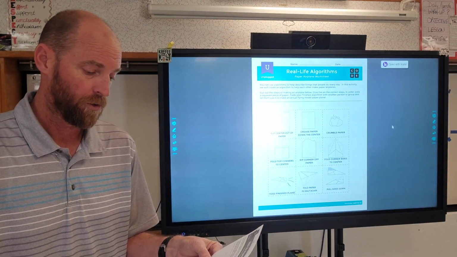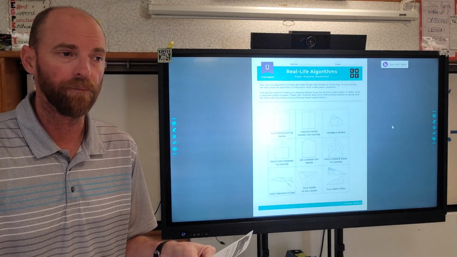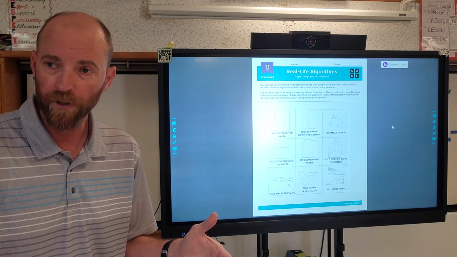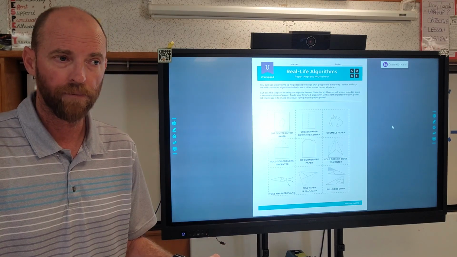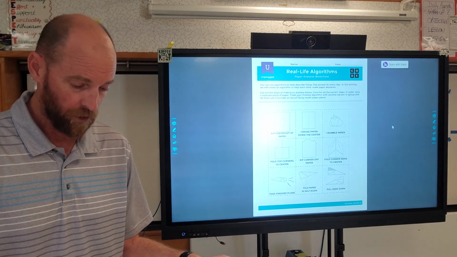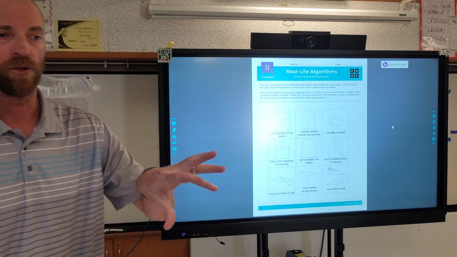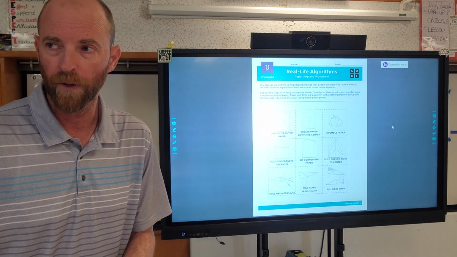You're going to follow the instructions on here by cutting out the pieces of the steps that you think is the proper set of instructions to make a paper airplane. And then when we are finished, you're going to glue those steps in order on a separate sheet of paper.